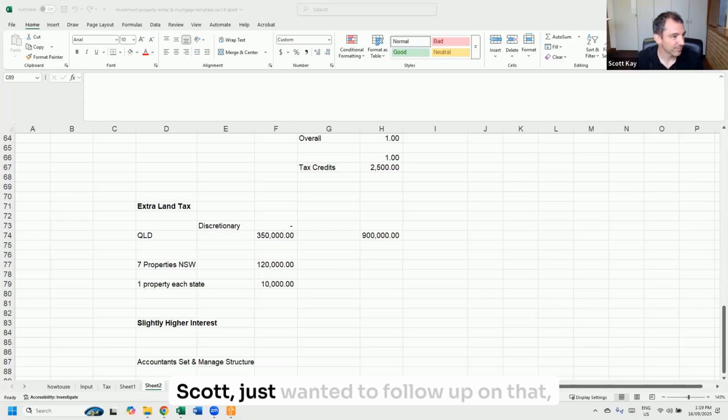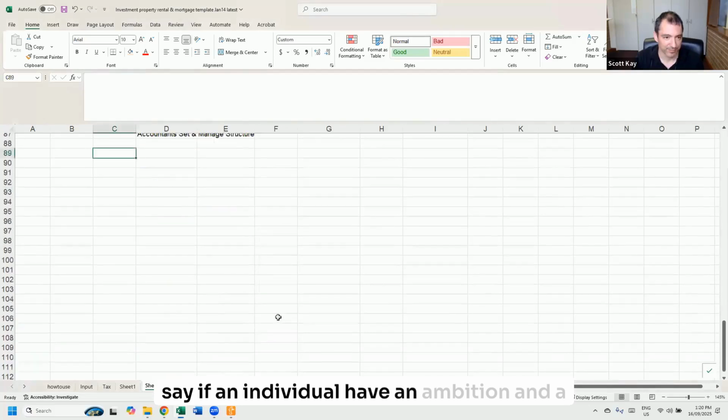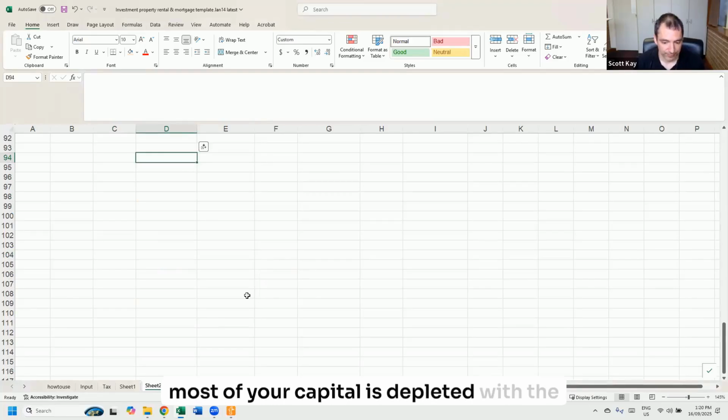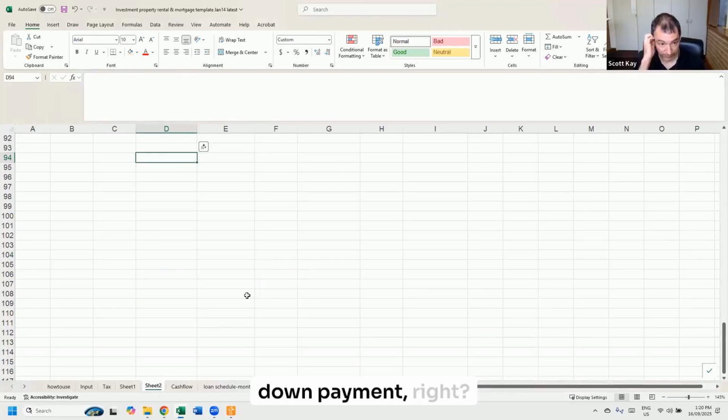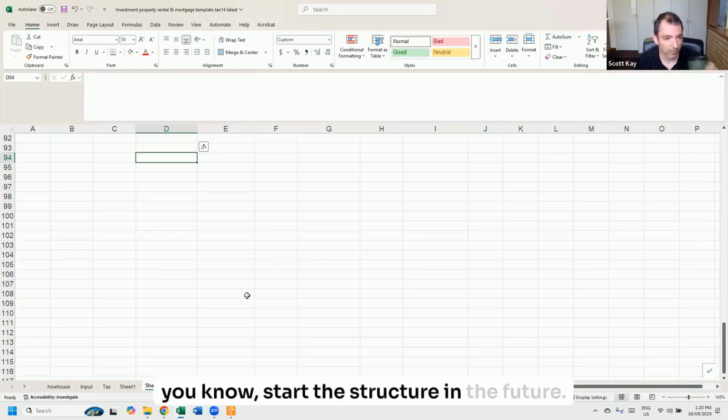Hey, Scott, just wanted to follow up on that. With those two options, let's say an individual has an ambition and a goal to increase their portfolio. Having to buy the first home obviously means most of your capital is depleted with the down payment, right? And you may not have enough to start the structure in the future.